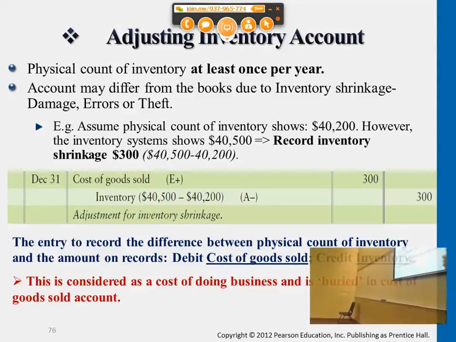In any case, if there's a difference at the end of the year when we do an actual physical count and match it with the system, we capture the difference in this journal entry. This entry looks exactly the same as the second entry whenever we make sales. Whenever there's a sales transaction, the first entry is on retail price, and the second entry looks exactly like this. But in this case, the $300 doesn't represent any sales.